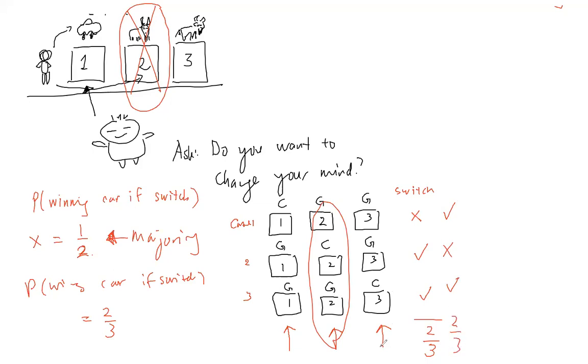So it's still 2/3, regardless of whether you choose door 1, door 2, or door 3. The point is, what's the chance that you win the car if you switch? So it's 2/3.